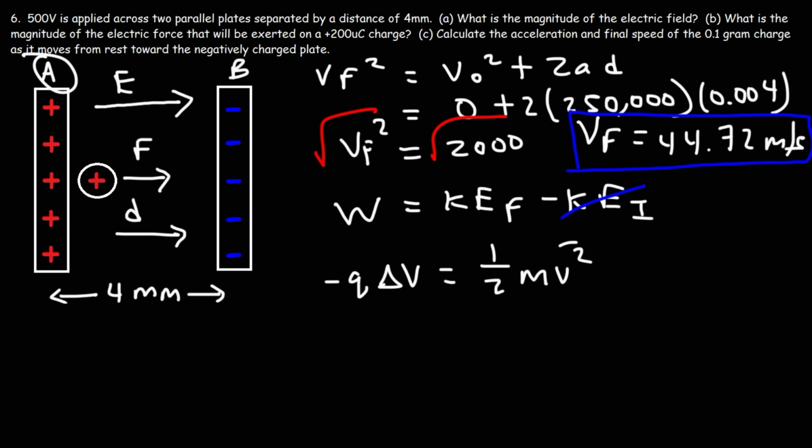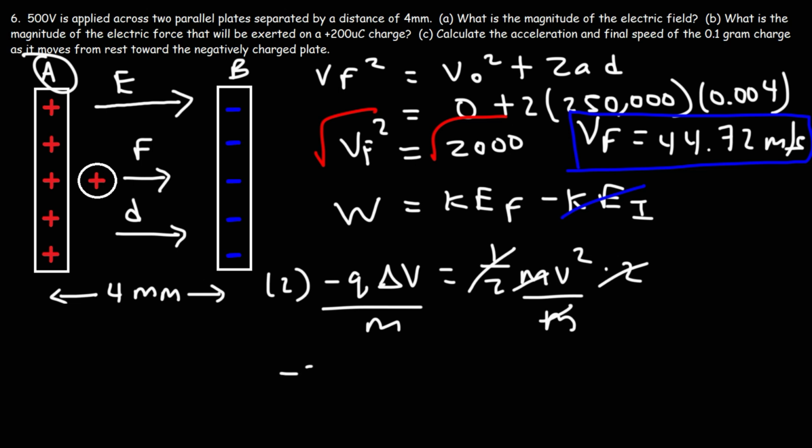So let's isolate the speed. Let's multiply both sides by 2 first. So we can get rid of this, and let's divide by m. So we have negative 2q delta V over m is equal to v squared.